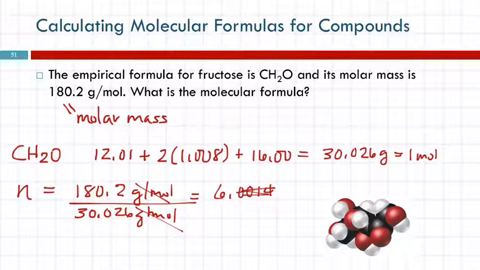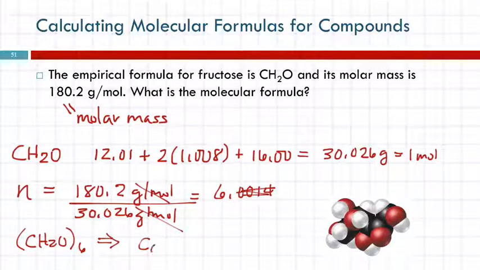That's 6. So what that means is that I take this empirical formula and I multiply all the subscripts by 6. I write it this way just to help you understand what I'm doing. This is not the proper way to write the formula. The subscript on the carbon is 1. I multiply that by 6. The subscript on the hydrogen is 2.